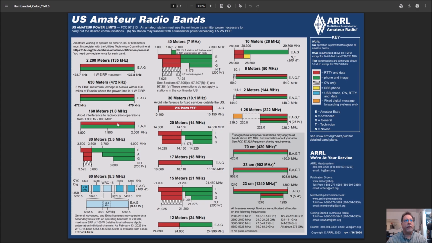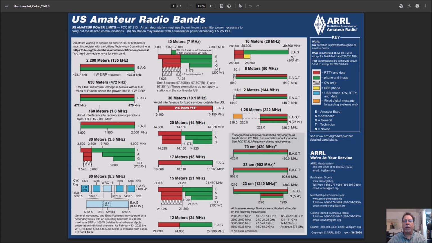So again, you'll notice that as the meter band goes up, the frequencies get lower. Those lower frequencies, HF and below, or HF and higher, depending on how you look at it, tend to be more of a propagation type of frequency range. So HF is very popular for stations that want to communicate beyond the line of sight or beyond the horizon.